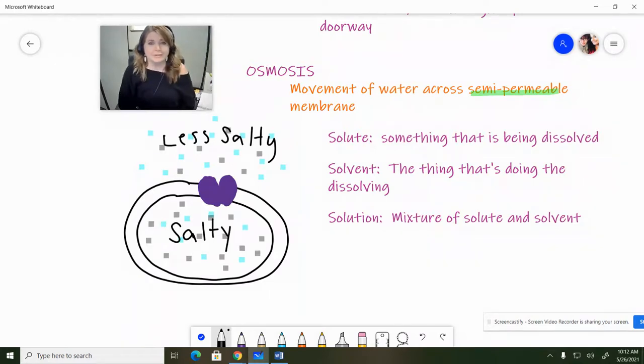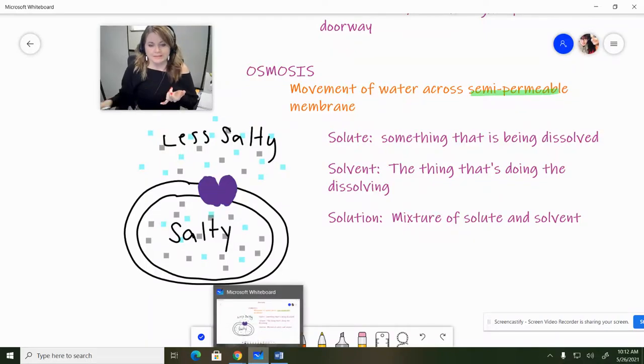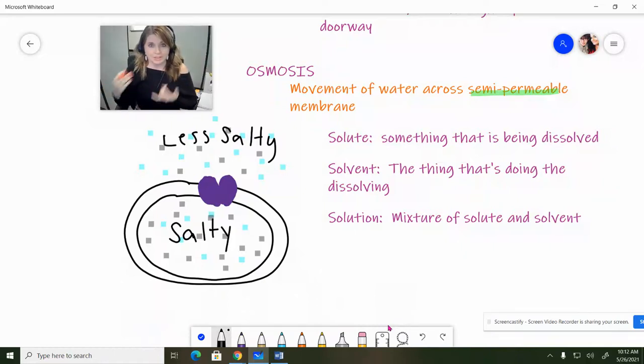We're not necessarily looking at the number of water molecules or the number of salt molecules. We're looking at the concentration of the solution here. So again, this is not in a state of equilibrium, right? You need to achieve a state of equilibrium. What has to happen is we're not going to move the salt molecules.